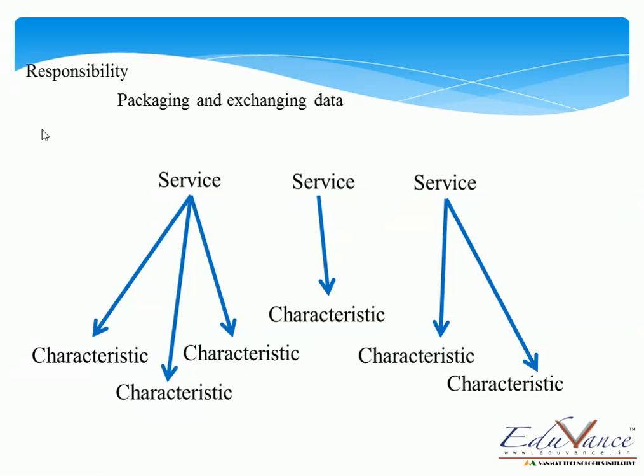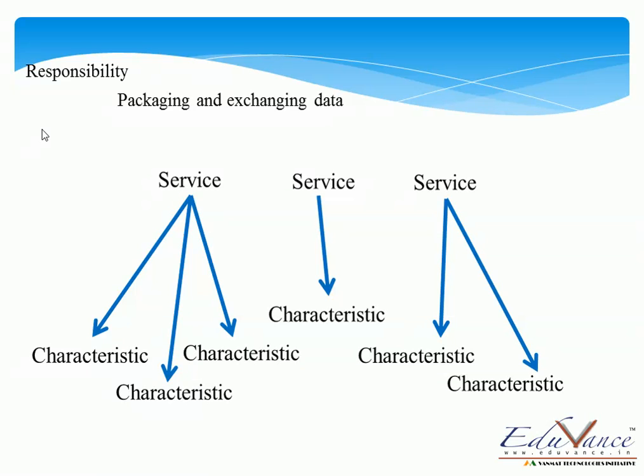Now I've said that services have certain characteristics, but that doesn't mean that the characteristics are fixed. Like the volume service has volume up and volume down characteristics. The song service will have play song, pause song, next song, previous song characteristics. But you can have a certain characteristic in the song service itself that says if the volume level rises above 80%, then pause the song.